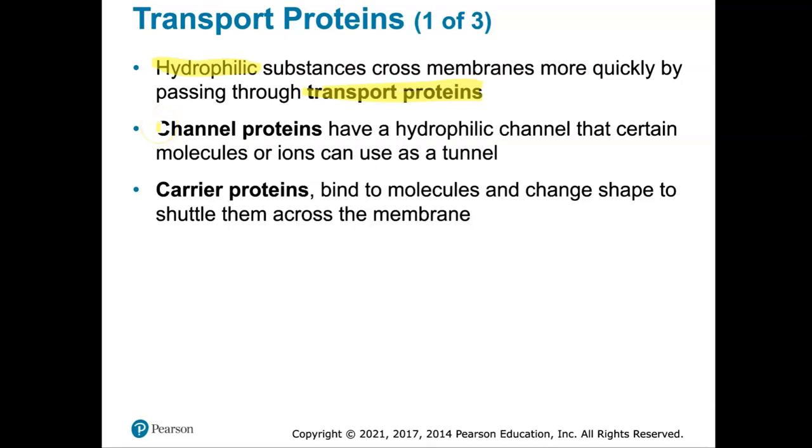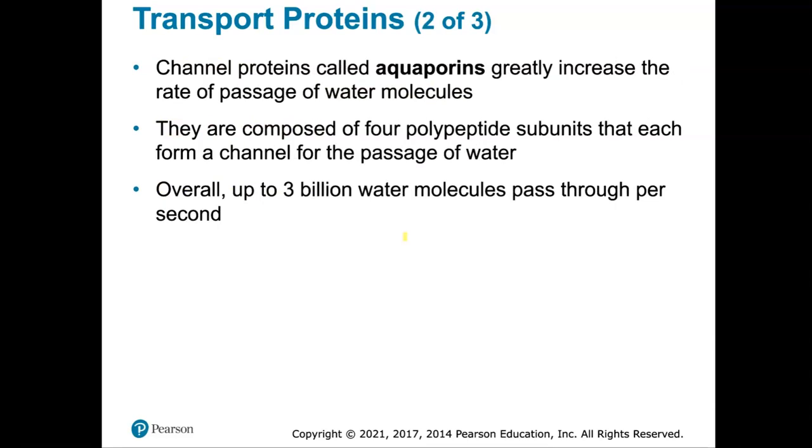Channel proteins have a channel that passes all the way through the membrane, and carrier proteins have to chemically combine with the molecule and then change shape and shuttle them or transport them across the membrane. There are special channel proteins called aquaporins that are only for water.